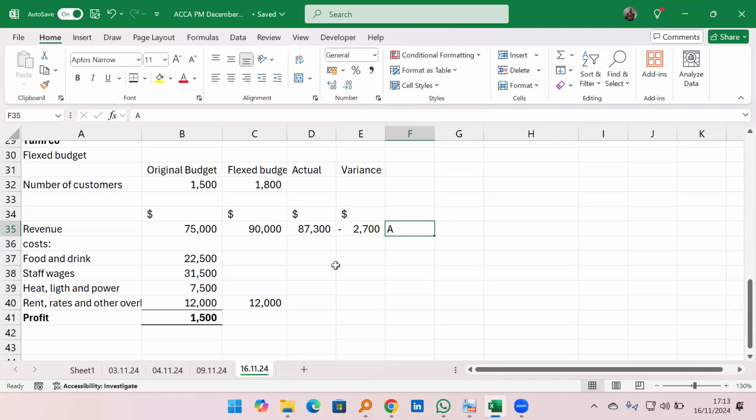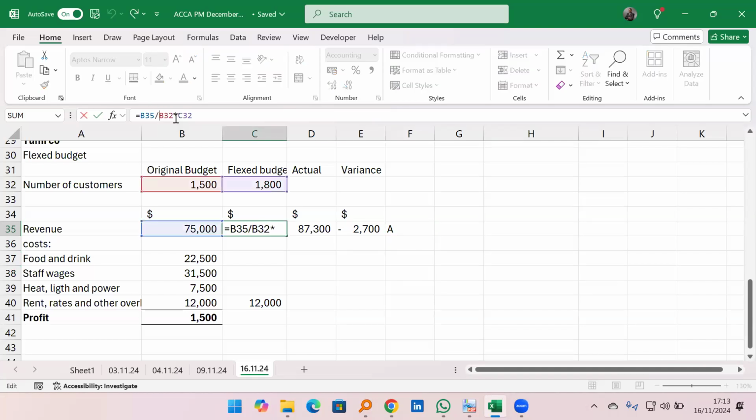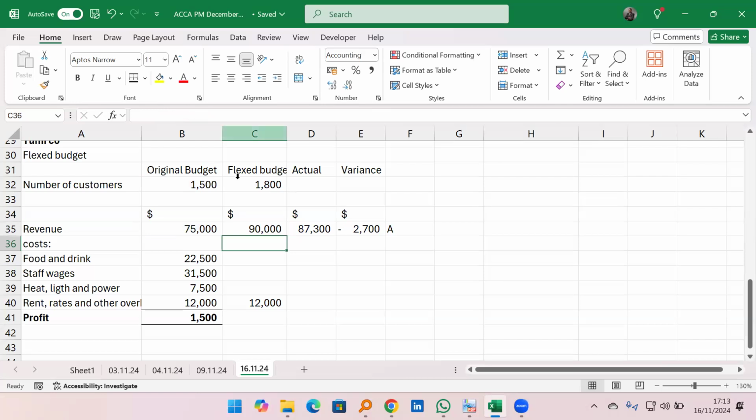So now this is what we are going to do for the rest of the costs. What I'm going to do is to fix these things so that they don't move. That's why this is for 3 marks, because ideally what I'm going to do is copy this and paste it here. And I have all the figures.